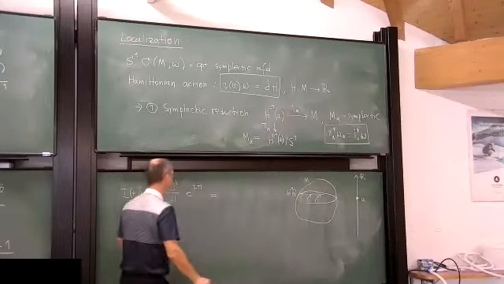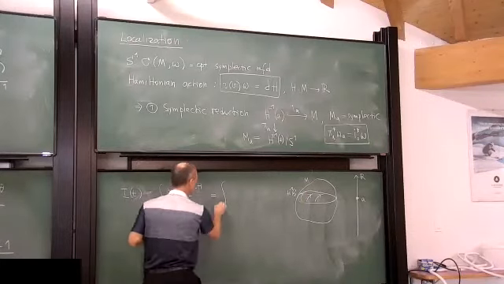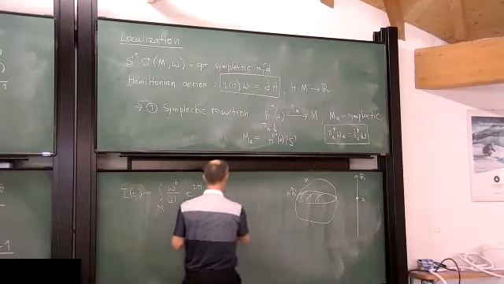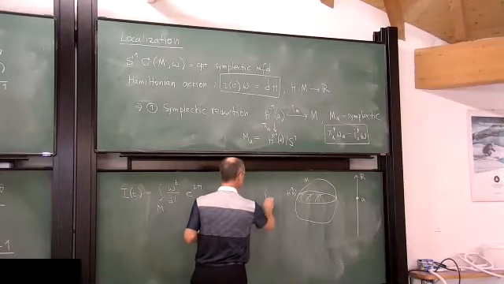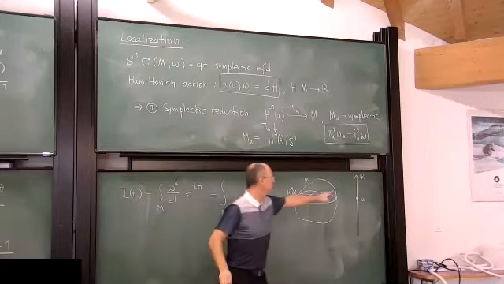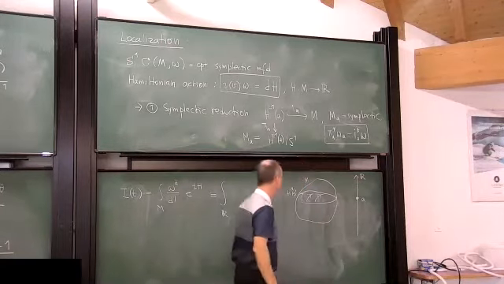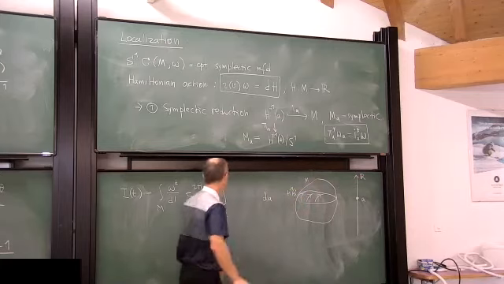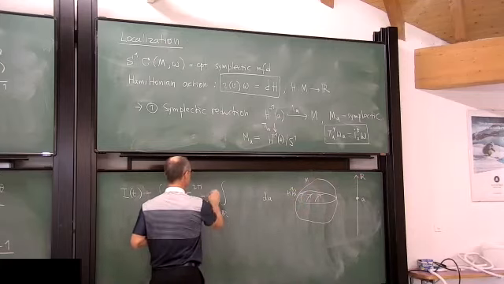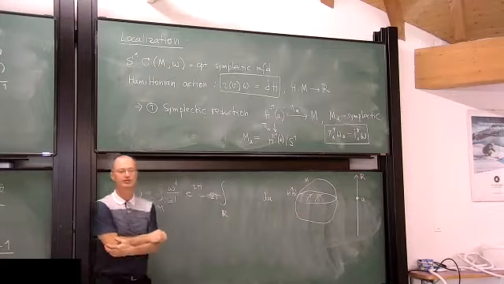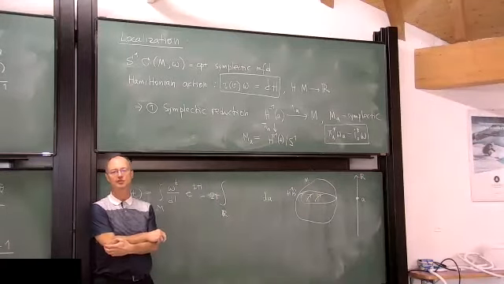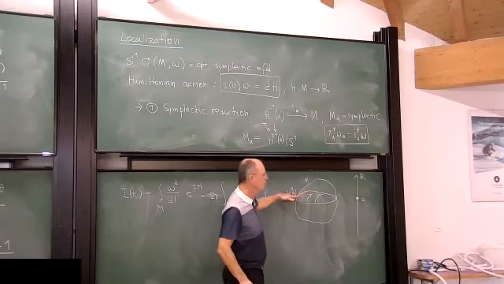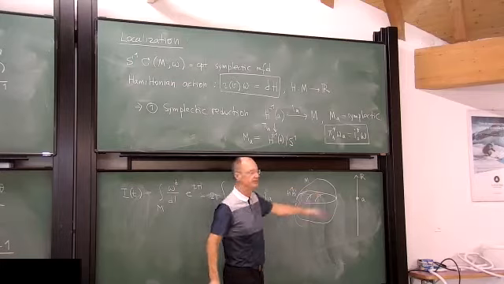Now, let me try to use some kind of Fubini integration. So I want to represent this integral as an integral over this real axis. Well, then what will happen? First of all, you should integrate out over the circle. The length of the circle is 2 pi. So there will be 2 pi coming from the integral over the circle. And then you will have the quotient space over the circle.